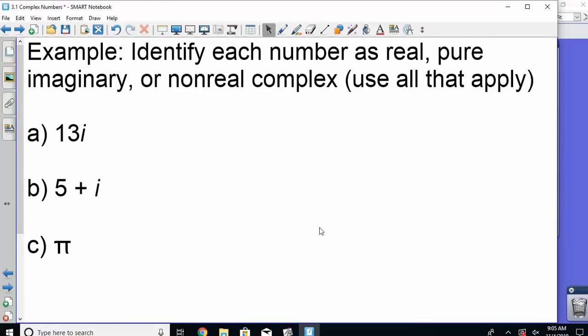Alright, so first thing we're going to do is classify each of these numbers using all the terms that we can. So we might have more than one. If I give you 13i, how would I classify that?